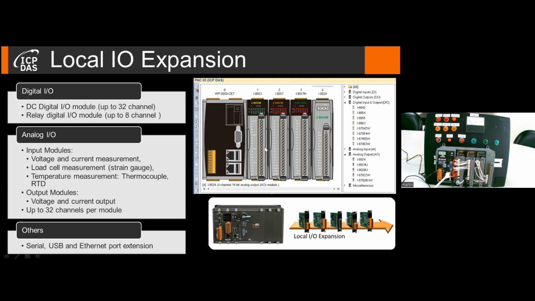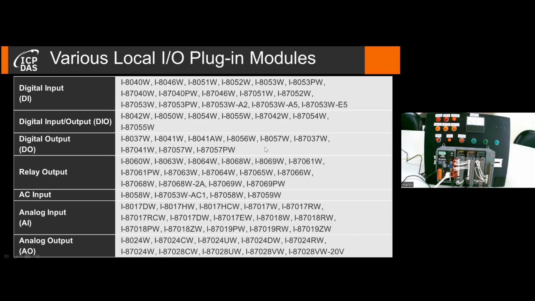This slide, for example, gives a quick overview of all the ICPDAS I/O plug-in modules provided by the Win-GRAF series. As you can see, the product portfolio includes a large variety of digital and analog input and output modules with different channel numbers.